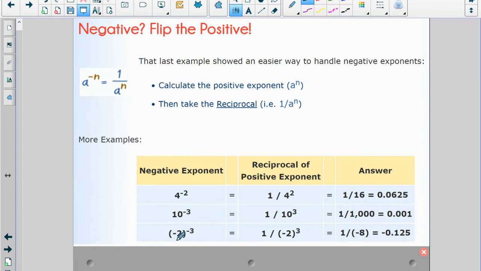Your base of negative 2 is going to stay negative. The exponent of negative 3 is what's going to change to a positive exponent when we move that power to the denominator. So it's like dividing by negative 2 3 times. So 1 over negative 2 times negative 2 times negative 2, all in the denominator, becomes 1 over negative 8.